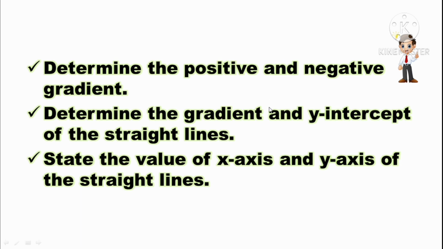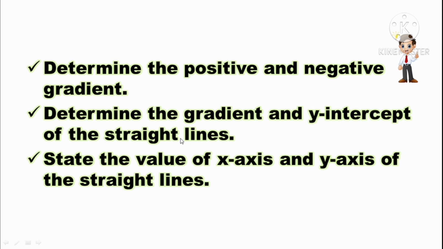So for the y-intercept, you have to see where the line crosses the y-axis only. So it's quite easy for you to identify where's the gradient, where the y-intercept, right? So the equation will be y equal to mx plus c, where m will represent the gradient and c will represent the y-intercept.